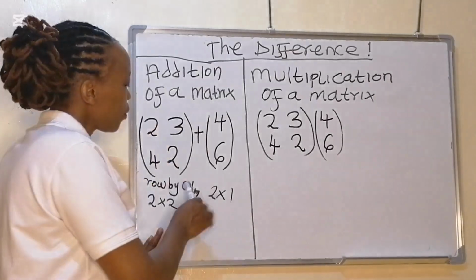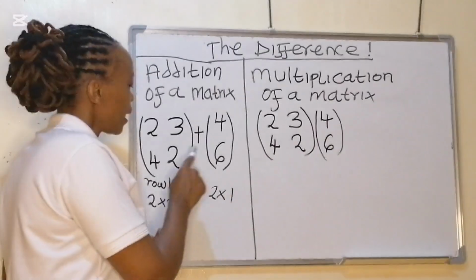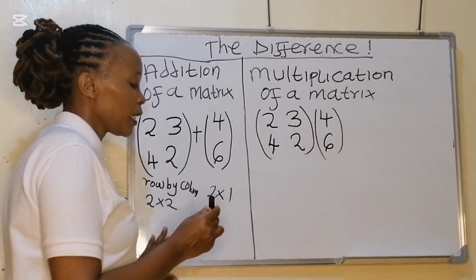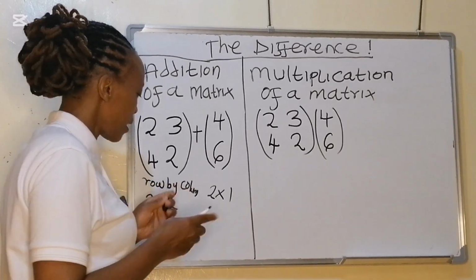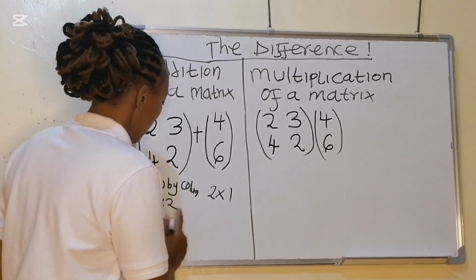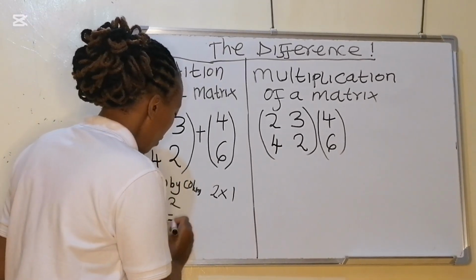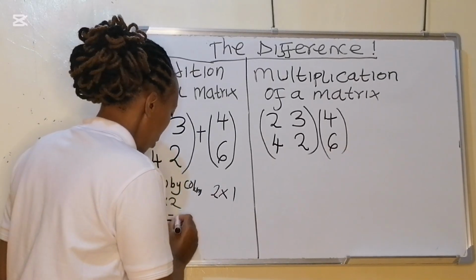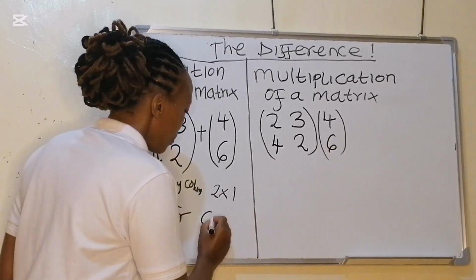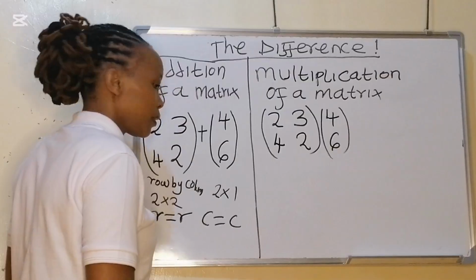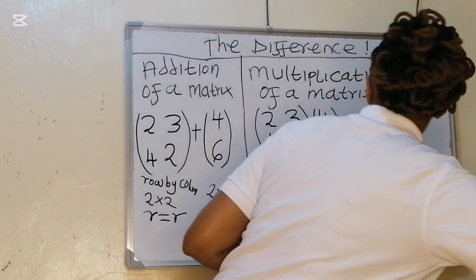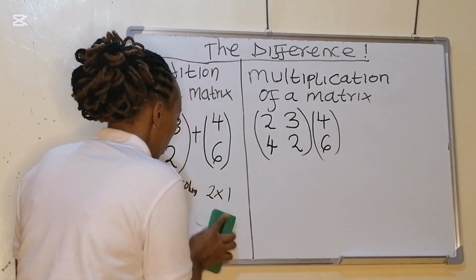Why? When you are adding matrix, rows and columns must be the same. Row must be equal to row, and column must be equal to column. What do I mean? Let me write it well so that you can understand.